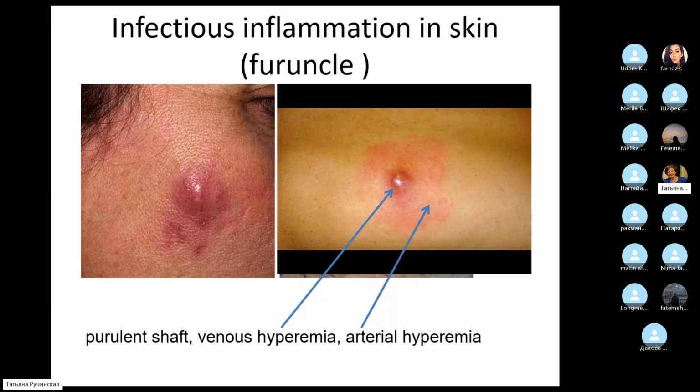You see, if there is fire, you will find in the skin or in the mucous membrane, first there will be arterial hyperemia. Further, you will find a blister. You see, there will be transitory spasm, and further there will appear venous hyperemia.